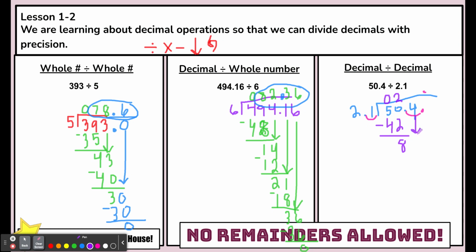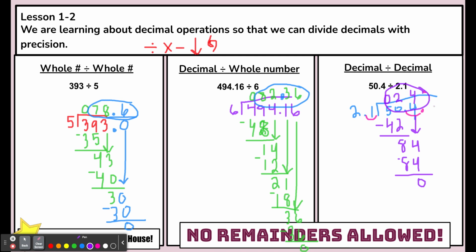Bring it on down, and let's bring it on back. 21 into 84. I think that goes in 4 times. Multiply, I'm going to get 84. Subtract, remainder of 0. I don't have anything else to bring down, so I'm done. This decimal division problem had the answer of 24.